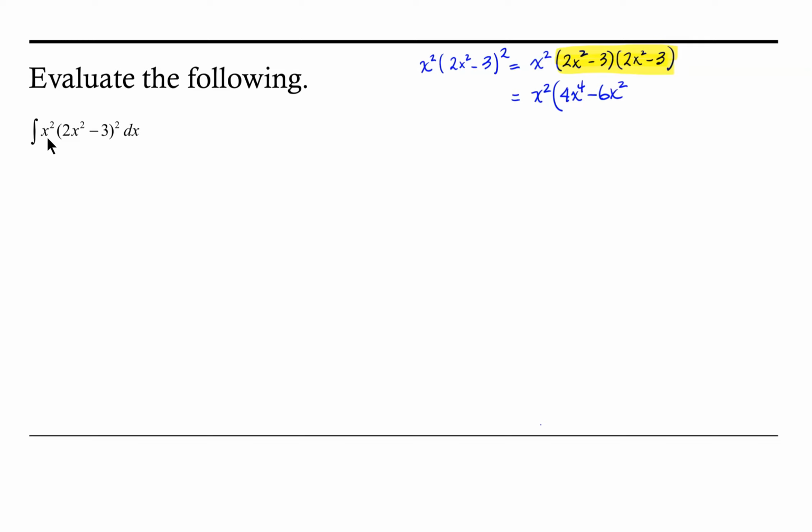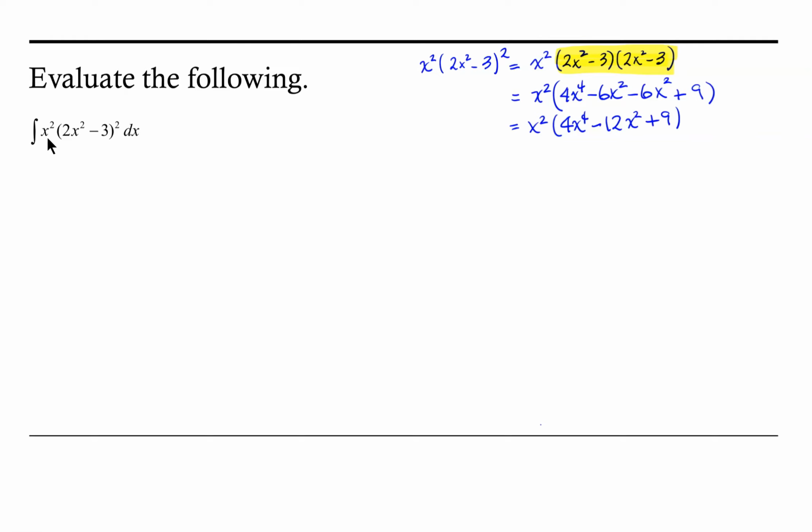A minus 3 times 2x squared is going to give me another minus 6x squared. And then minus 3 times minus 3 will give us a plus 9. So we have x squared times 4x to the fourth, our 6x squareds we can combine and we get negative 12x squared plus 9.